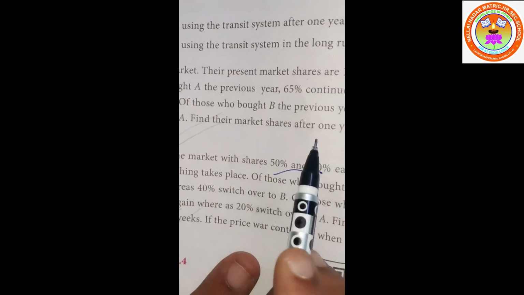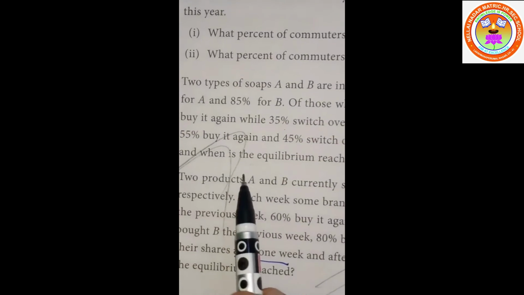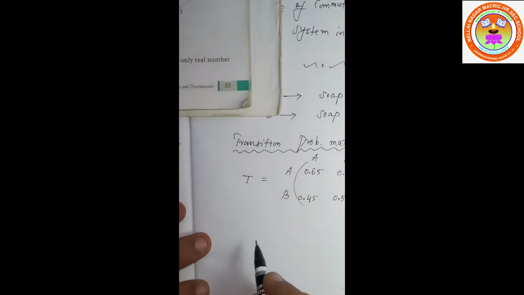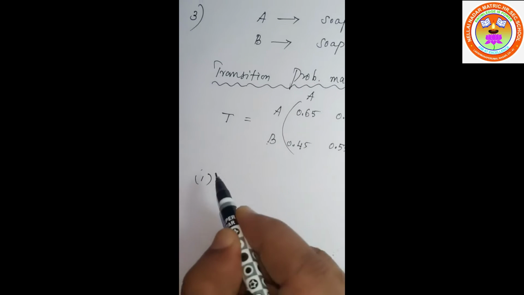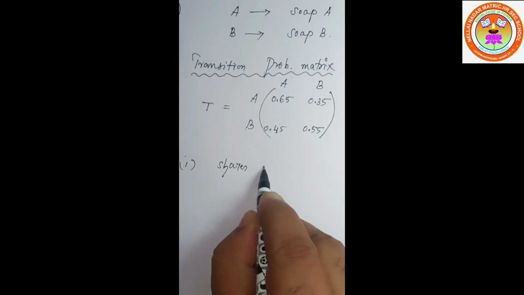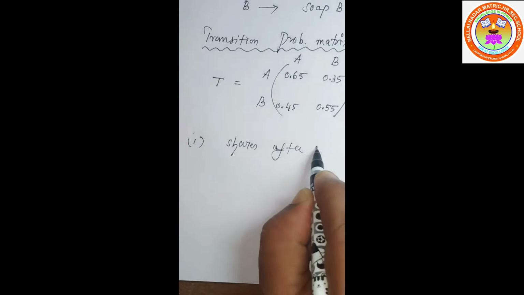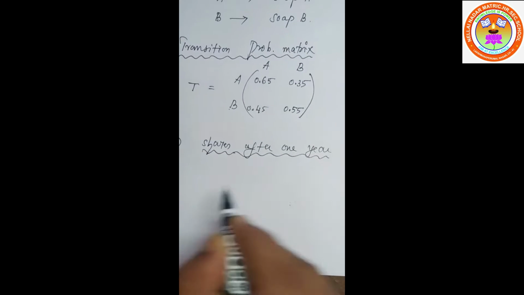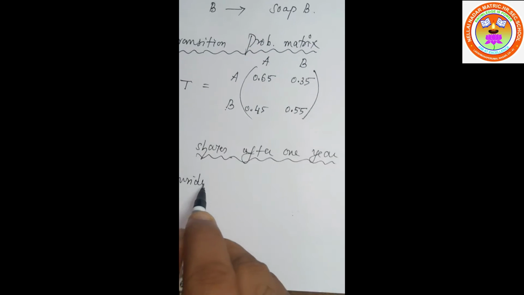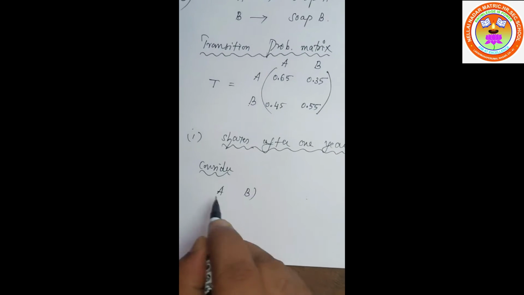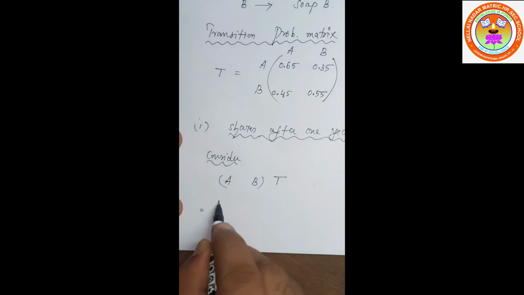Find the market shares after 1 year and when is the equilibrium reached? First subdivision, shares after 1 year, that is a heading. Consider AB with T. That is given.